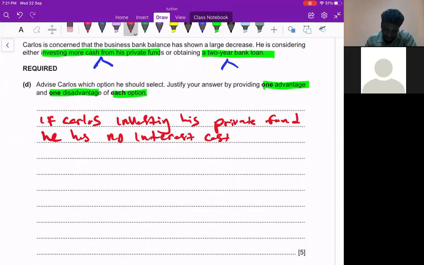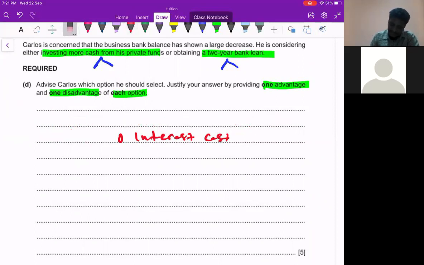Wait. Okay, I don't want to answer like this. I want to use the words advantage and disadvantage. Then only the examiner will see my answer. Okay, right, like this.